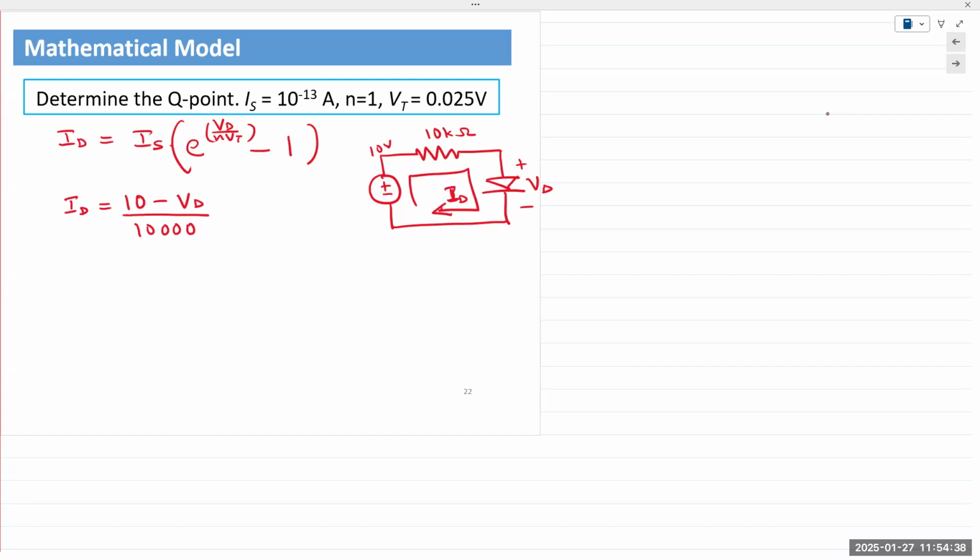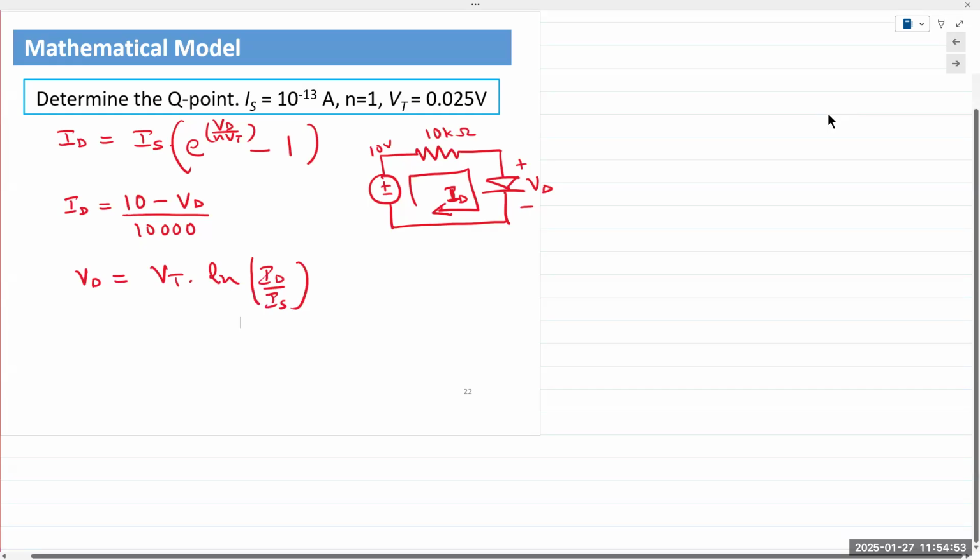Now we can find VD by manipulating the other equation above. So we can write VD is VT times ln or log of ID over IS. But we are still faced with the same dilemma. We have two unknowns, VD and ID.